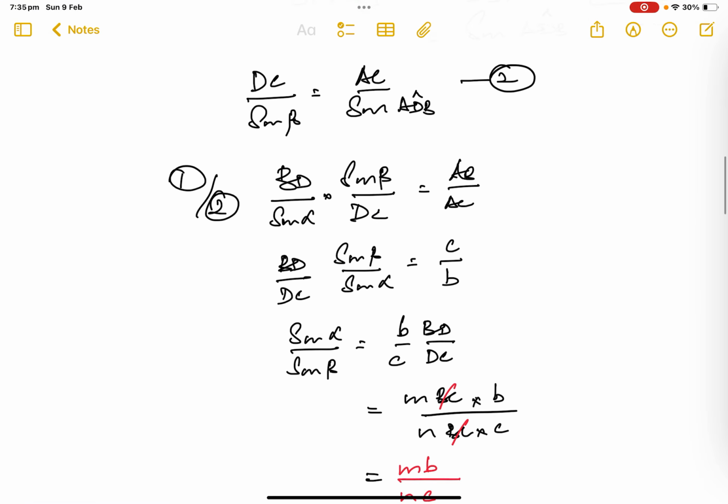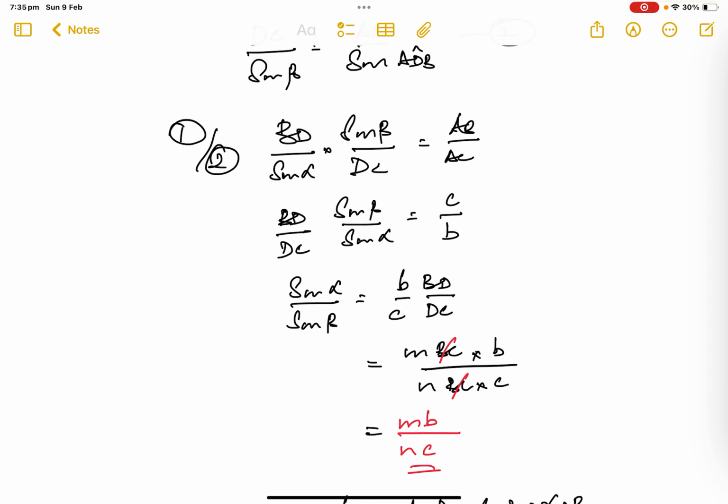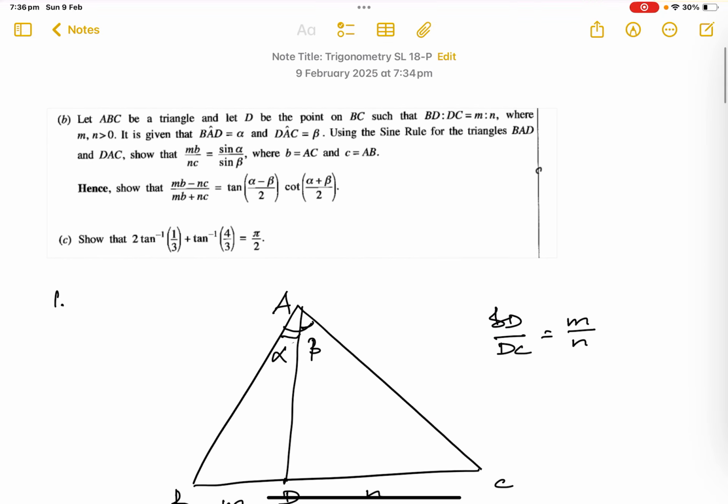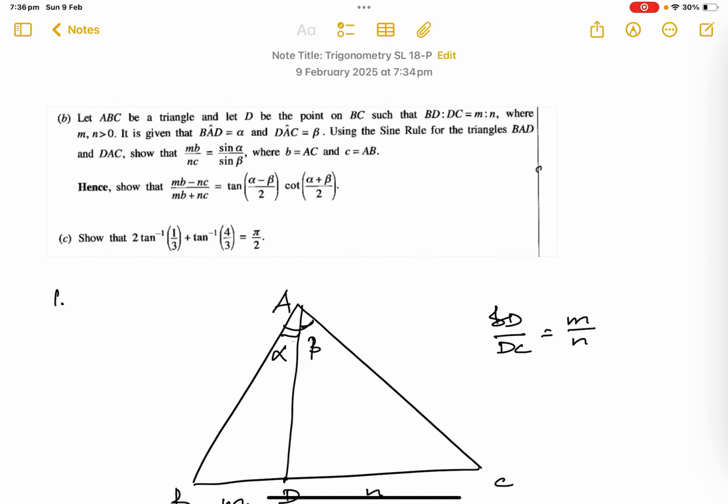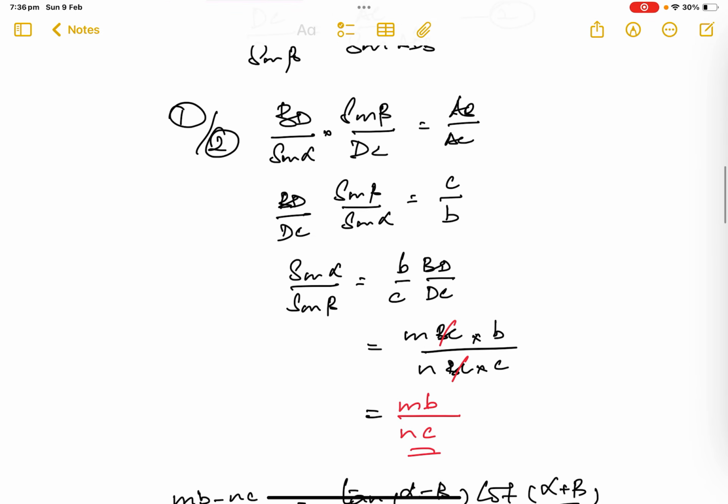AB over AC, right? So if we tidy up or rearrange it, BD over DC on the left hand side, sine beta over sine alpha equal AB over AC. As given, AB is opposite angle C, and AC is opposite angle B. So AC is b and AB is c.